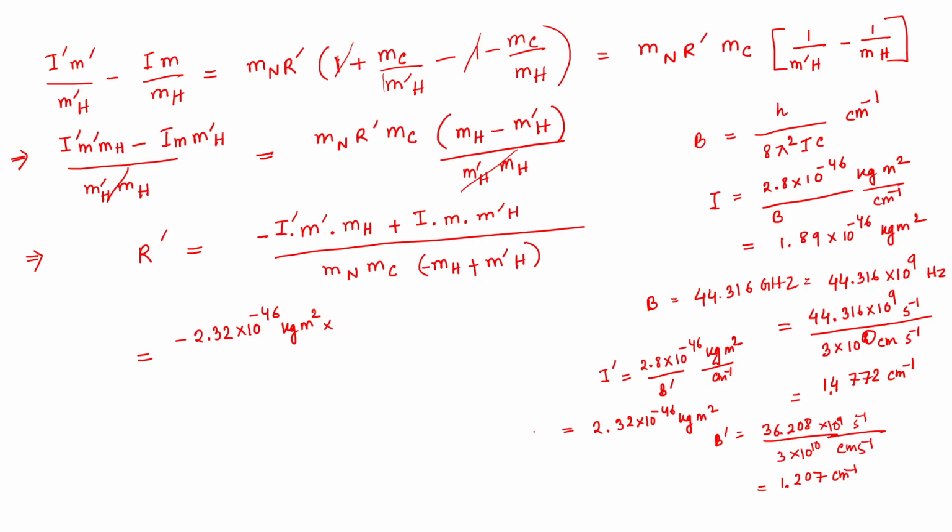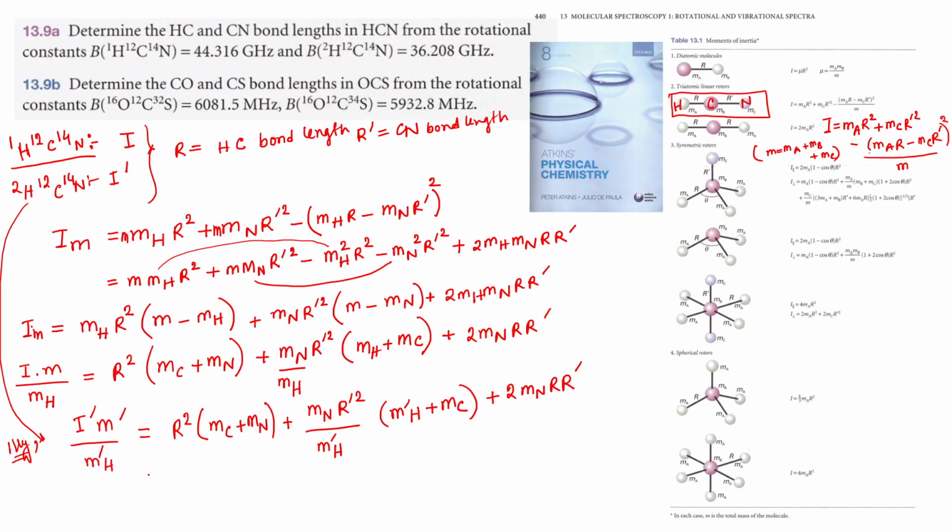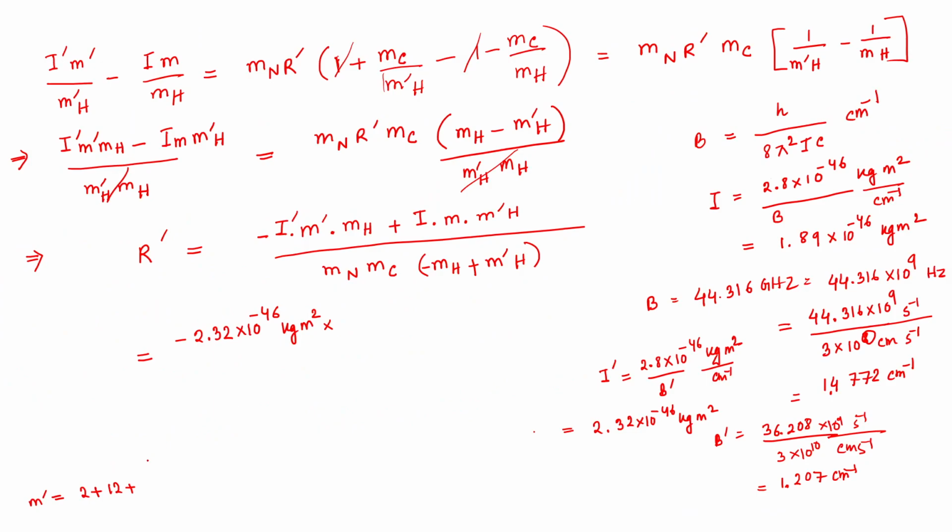into m dash, which is the total mass of this, which is 2 plus 12 plus 14 amu, which is 28 into 1.66 into 10 to the power minus 27.